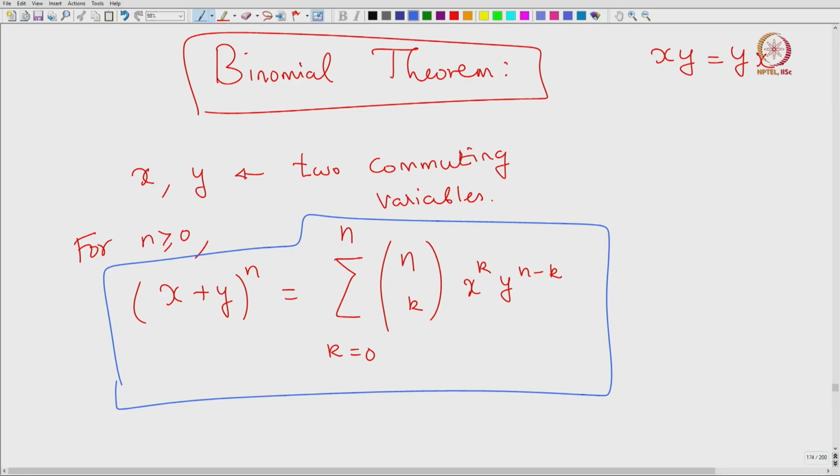Okay, so how can one prove this? I am going to prove this by spelling out the expansion of x plus y power n.